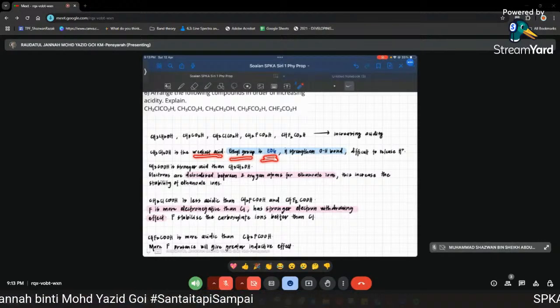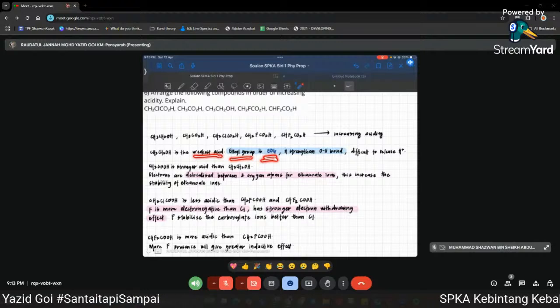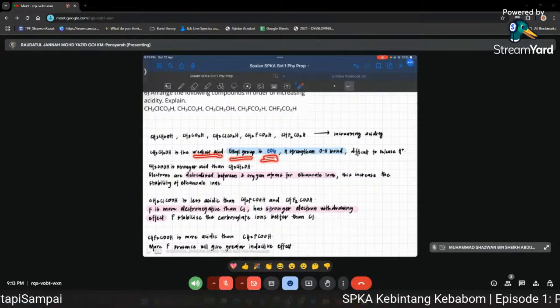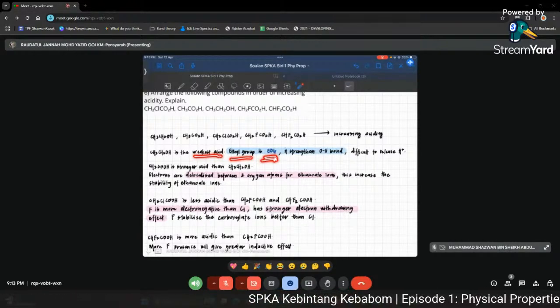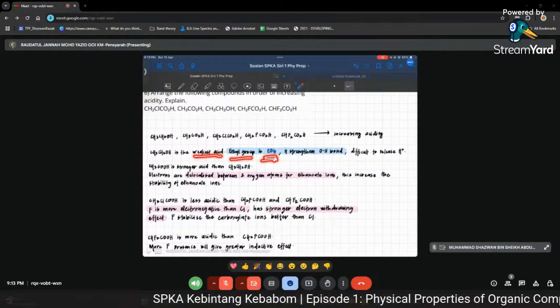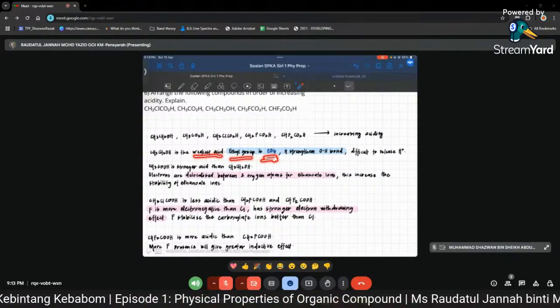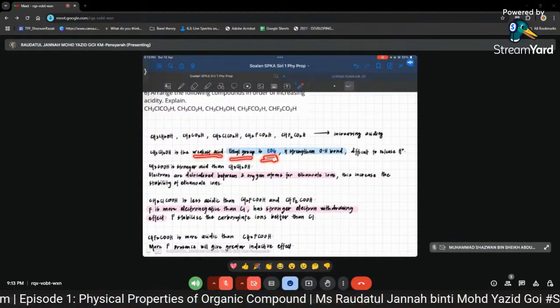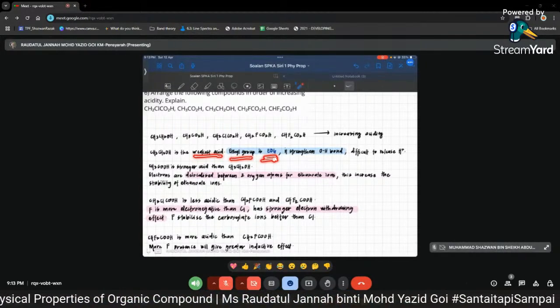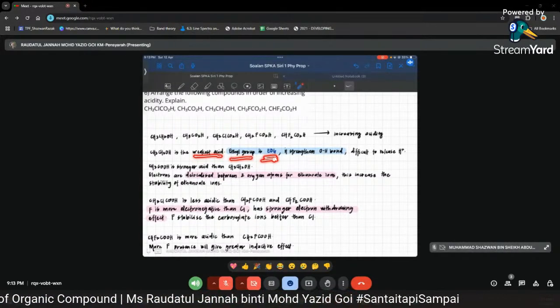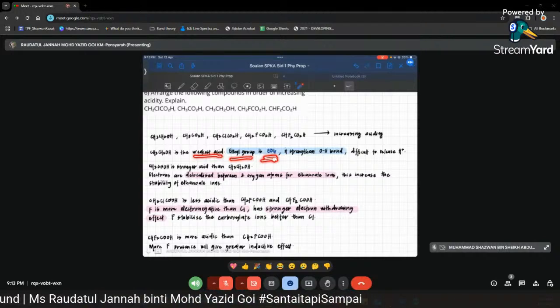So kalau electron donating group, tulislah betul-betul electron donating group dalam kurungan EDG. Okay, after you write down the correct phrase for the terms that you use, barulah you boleh simplify throughout you punya justification with short form.